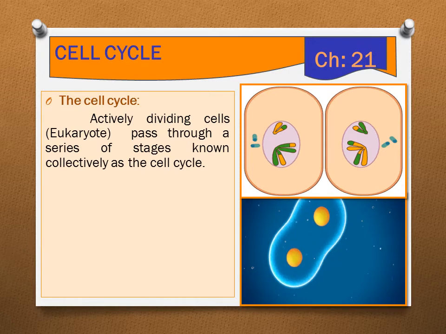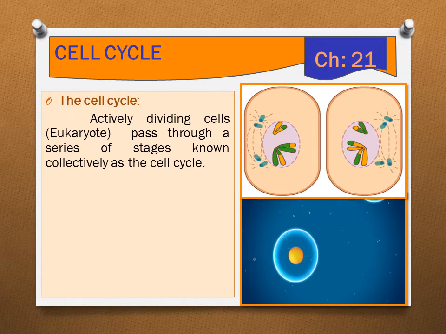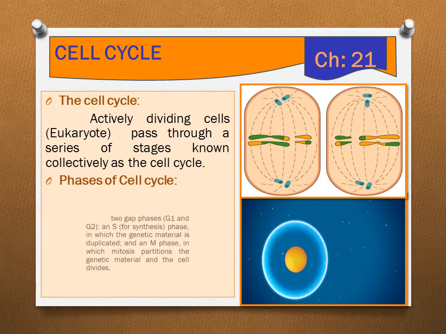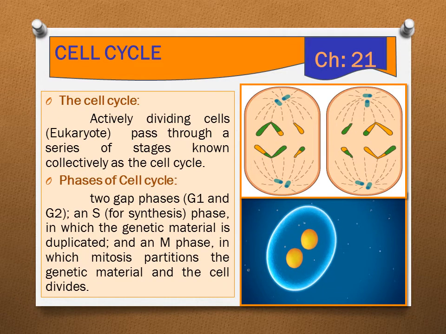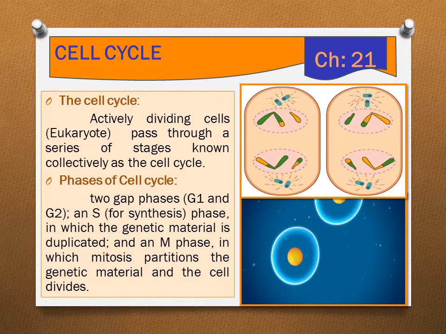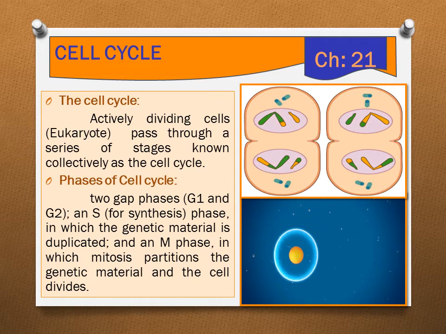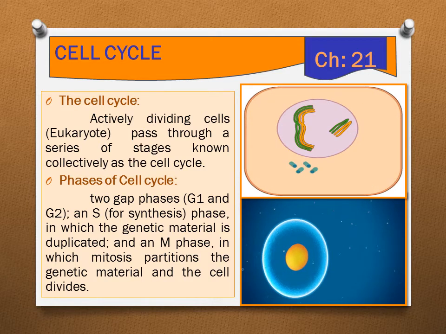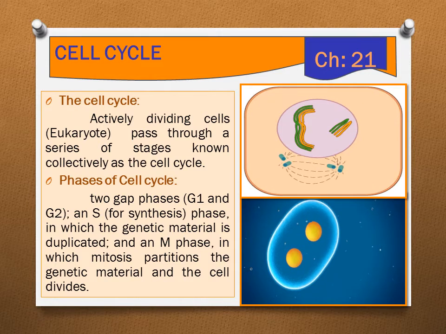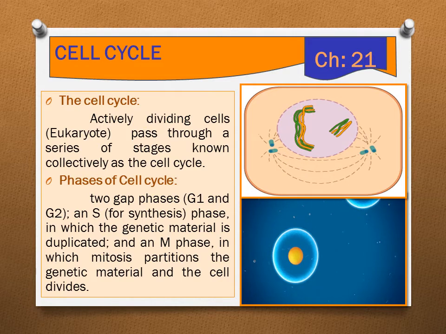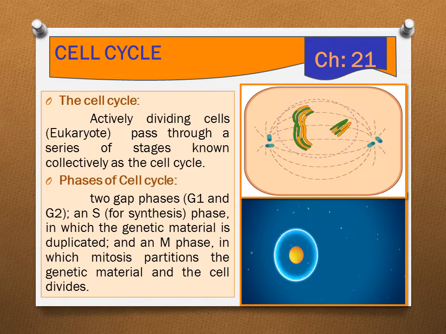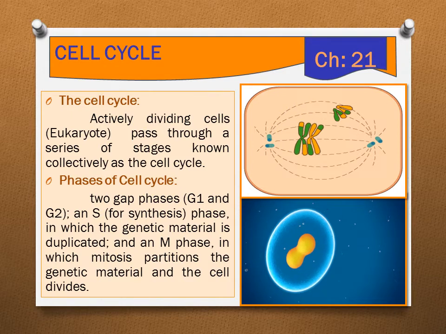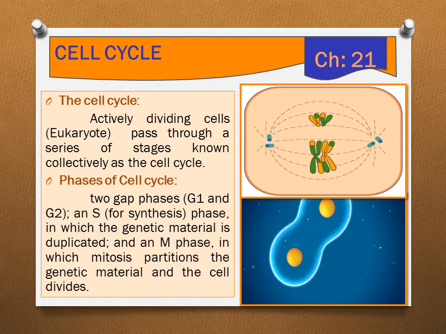The activities of dividing or growing cells can be described as the cell cycle or life cycle of the cell. We also get some information about the major diseases caused by the malfunctioning of chromosomes. These are the diagrams which show the phases of the cell cycle.